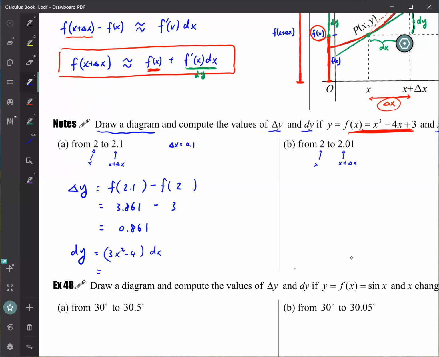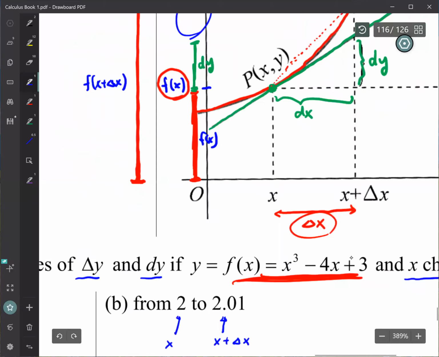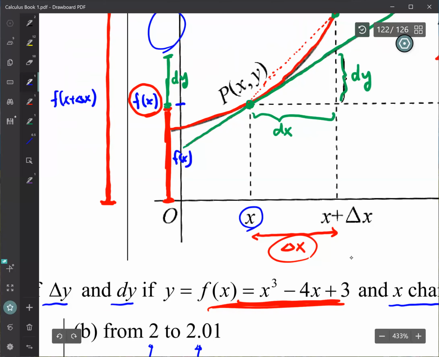What's the x value that we should sub in? Leon? 2.01. You should be subbing in 2. X should be 2 because it's changing from 2. Look at the picture, right? X is at 2. 2 is where you put the tangent point.